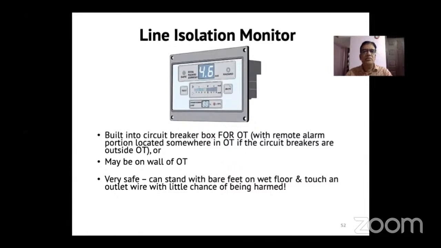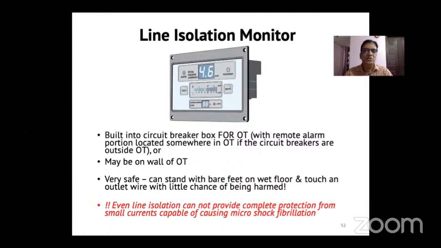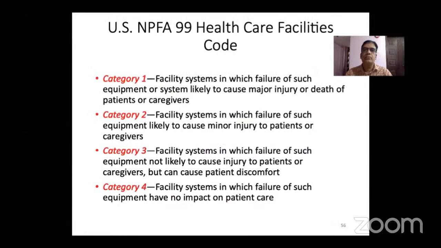The remote can be present somewhere inside the OT if the circuit breakers are outside the OT, and it may be on the wall of the OT also. It is very safe. If it is active and connected, a person can stand with bare feet on the wet floor and touch an outlet wire with little chance of being harmed. But this is subject to all the other things being strictly followed. In such a situation, even line isolation cannot provide complete protection.